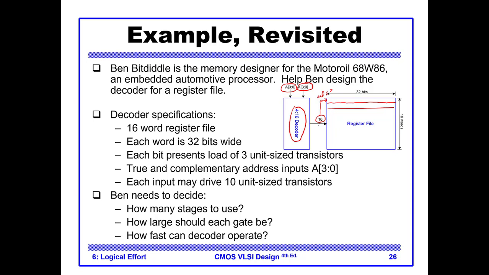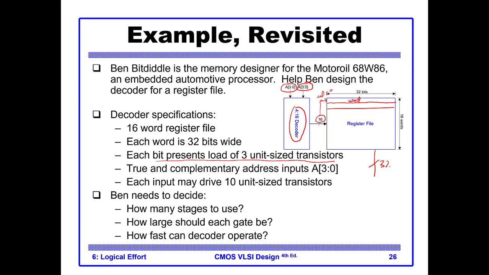Each word, by word we mean whatever we store, is 32 bits wide. Each bit presents a load of 3 unit transistors. So from this register file you can read, for example, I can draw it like here.